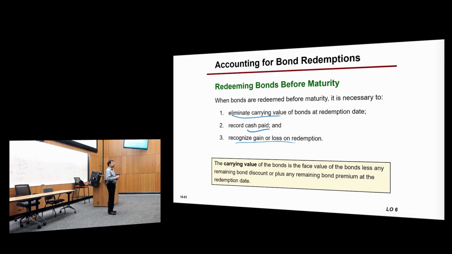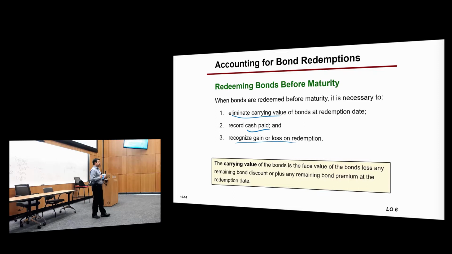This depends on how much you actually sold it. So it will depend on how much you sold, you bought it back. Now, one thing that will have a difference is if you still have any unamortized premium or unamortized discount.